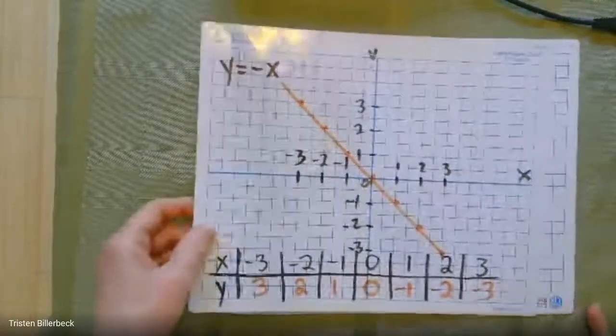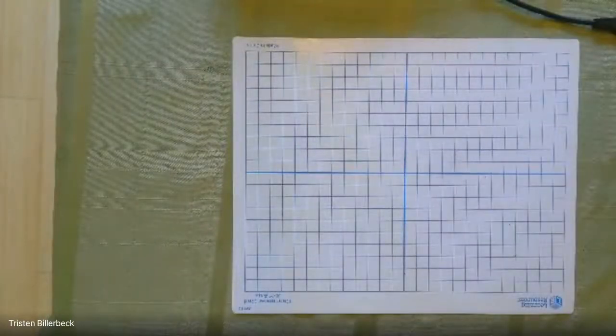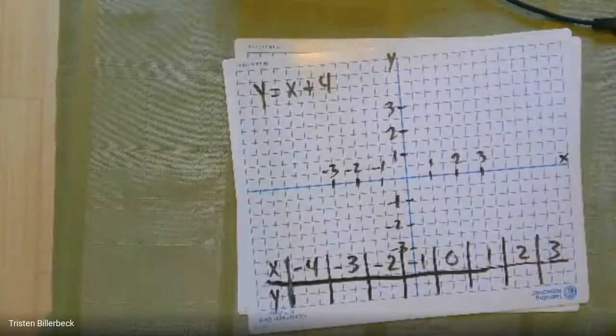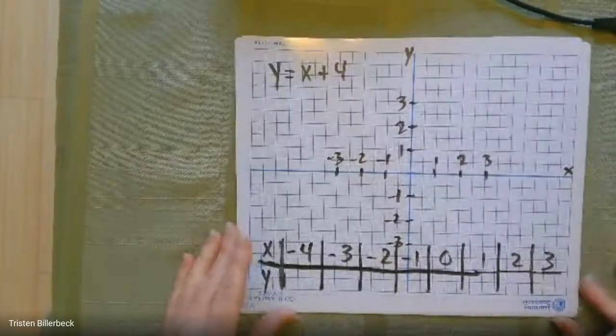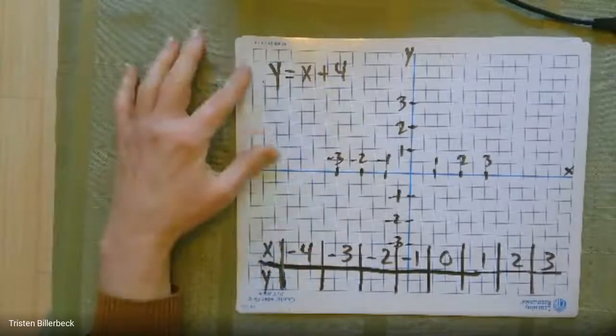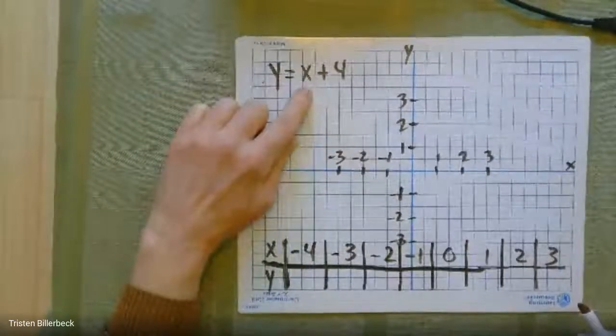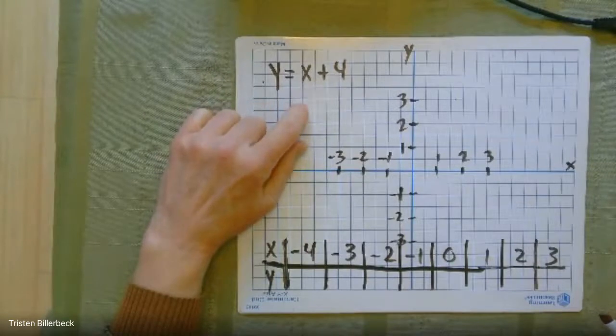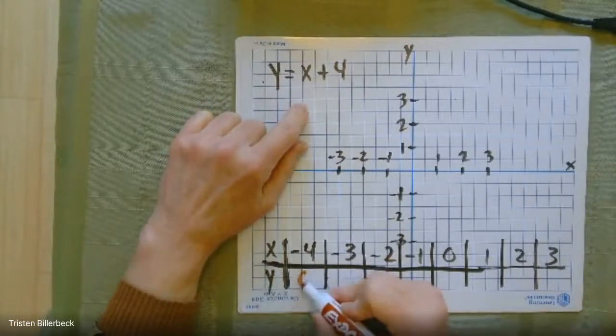All right, let's look at some more interesting little graphs here. How about y equals x plus 4? So if I put in -4, what's -4 plus 4? That's right, 0.